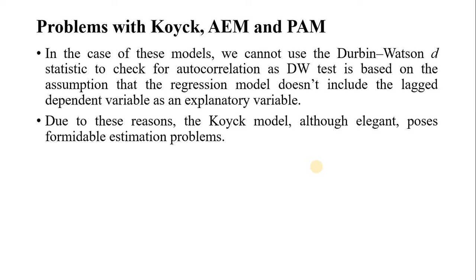Okay, so we have discussed three problems with this model. First issue is what? The composite error term Vt may not satisfy the assumptions of OLS. Second, ut and yt minus 1 may be correlated, which will lead to biased as well as inconsistent results.